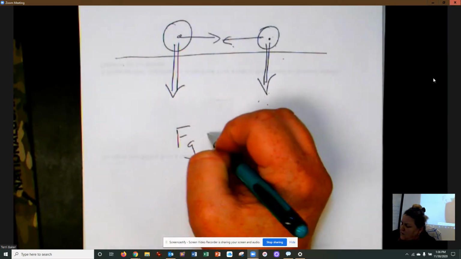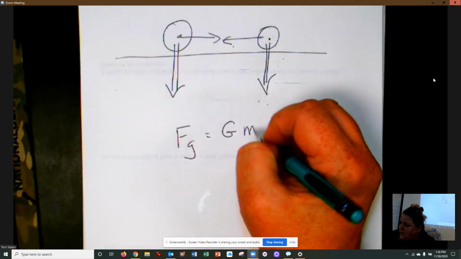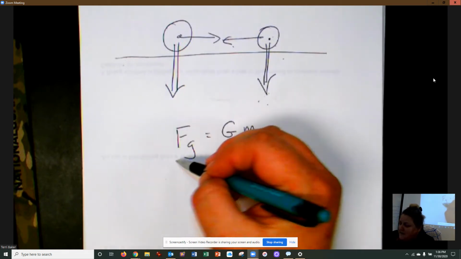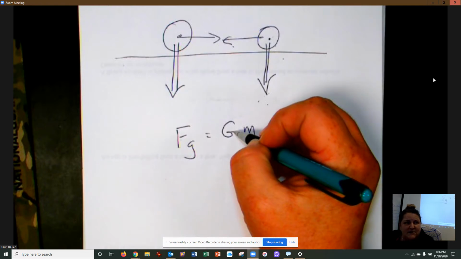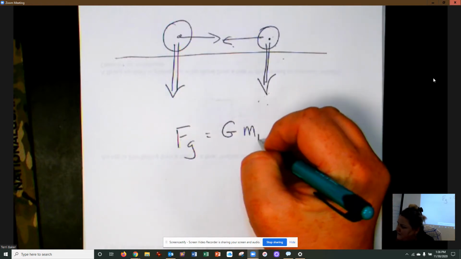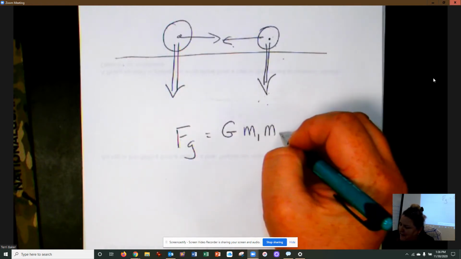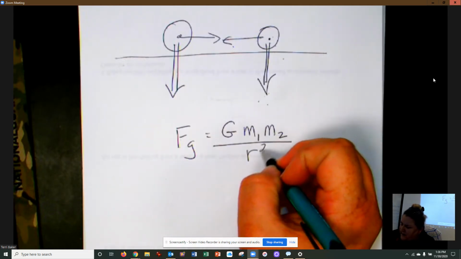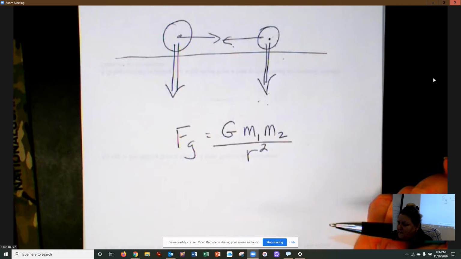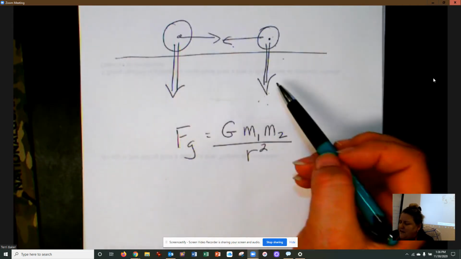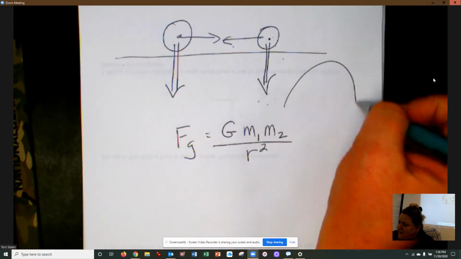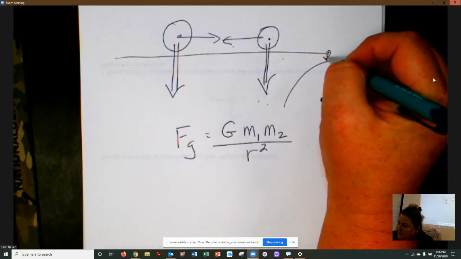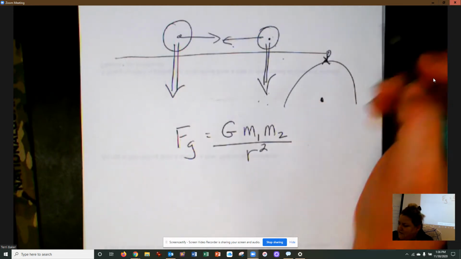So, our main equation. The force of gravity between any two objects is equal to the constant G times the mass of the first object multiplied by the mass of the second object divided by the distance squared between them. Okay, again, this is not just planet-size objects like the Earth and something on the surface.